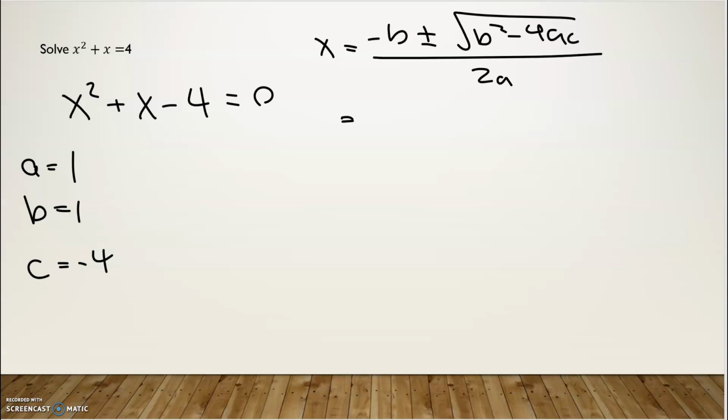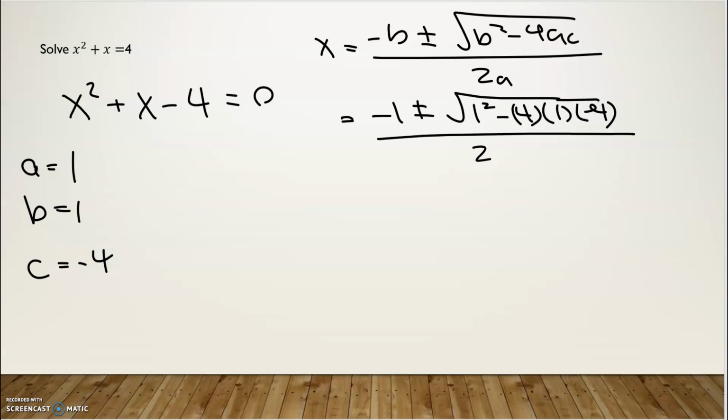So that's going to be negative 1 plus or minus 1 squared minus 4 times 1 times negative 4 all over 2 times 1.